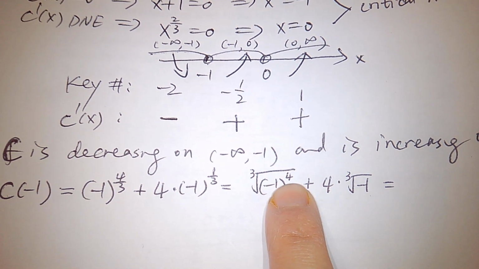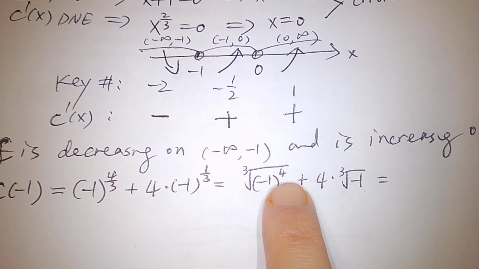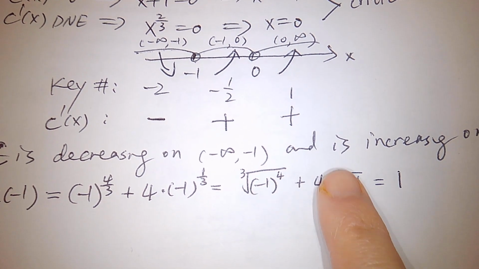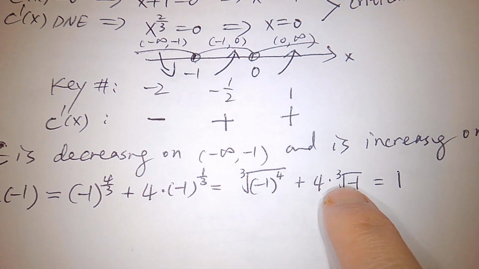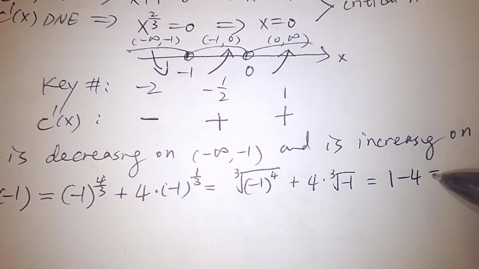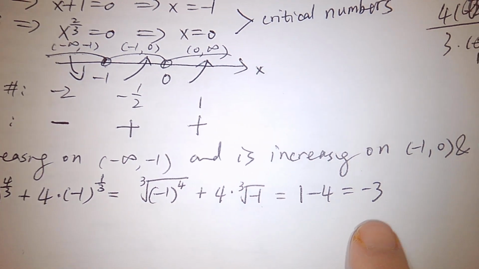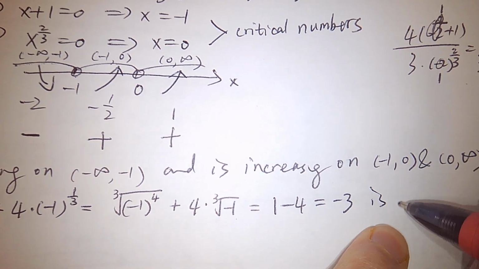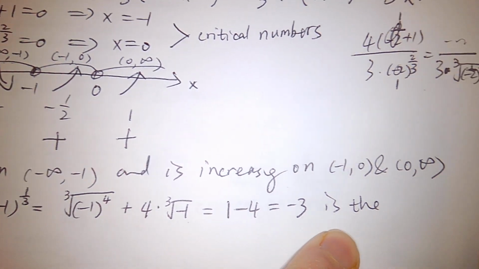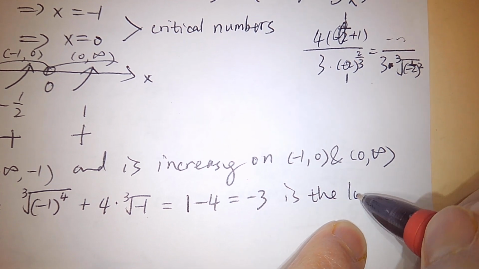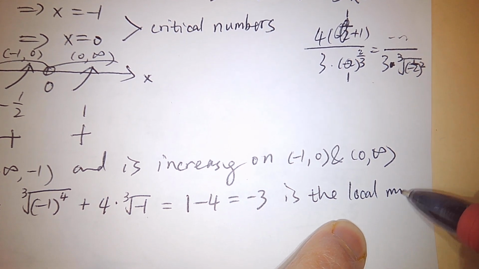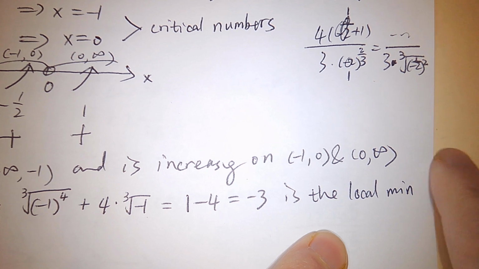Negative 1 to the 4/3 is 1. Cube root of negative 1, what is it? Negative 1, times 4. Okay, so C of negative 1 equals negative 3. What is that? The local minimum value of function C.